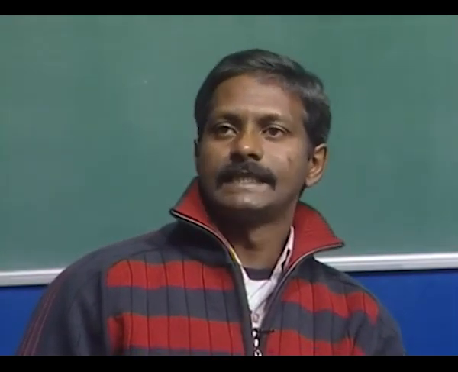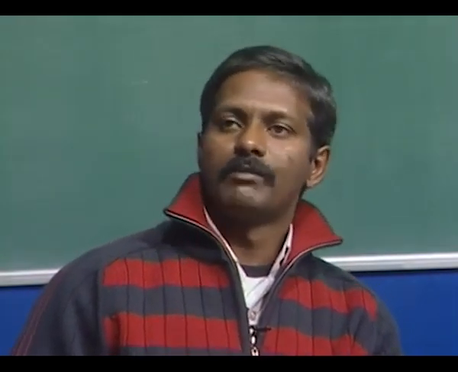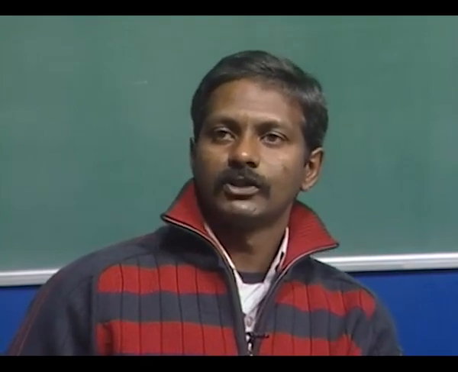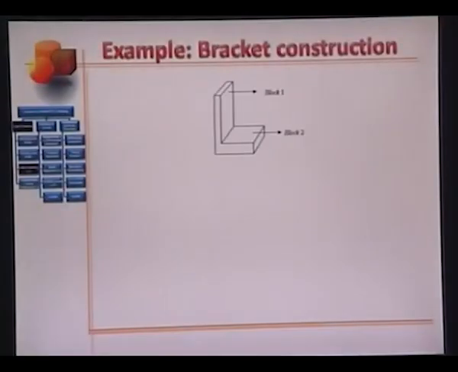Let's see the example of how to construct a bracket using constructive solid geometry. If you think about it, an L bracket can be thought of as a union of two blocks, appropriately positioned with respect to each other. Let's take the block as a primitive.